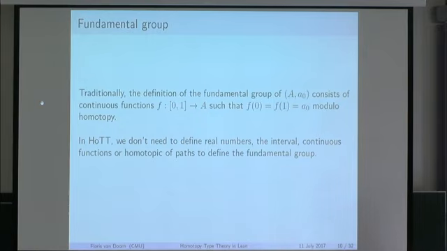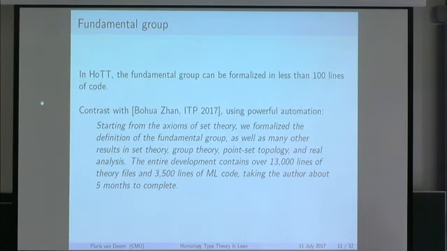Constructions in homotopy theory are much closer to the basics in homotopy type theory, and that makes it very useful to formalize in a proof assistant. For example, in HoTT you can formalize the fundamental group in less than 100 lines. I want to contrast this with a paper by Boazan, who is in the audience here, which is to appear at ITP.